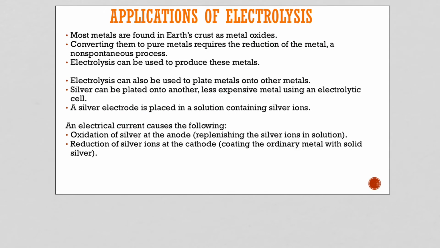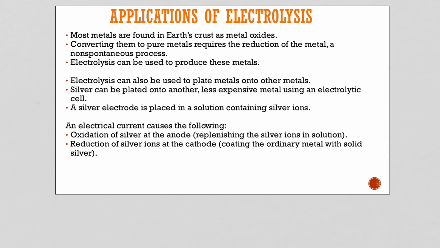So what about some other applications of electrolysis? Well, now remember I said that most metals prefer to undergo oxidation, right? They exist in their ion form. Well, maybe we want to take those metal ions and get them back to the metal. Well, that's not going to occur spontaneously, right? They're sitting in the Earth's crust as their metal ions. That's going to be their stable form.